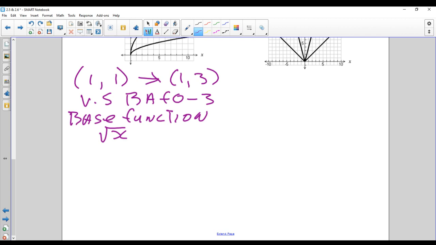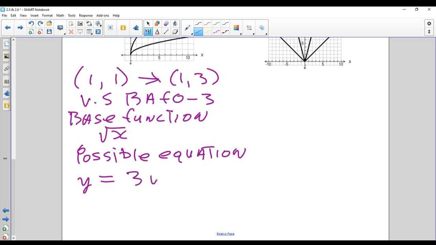So the equation of this line, a possible equation, would be y equals, or f of x equals 3 square root of x. Okay, that would be the vertical stretch possibility.